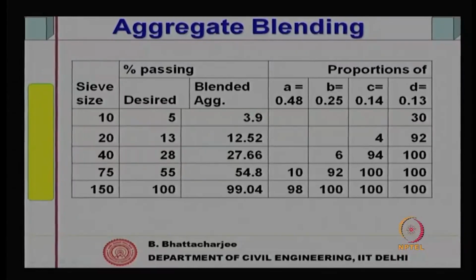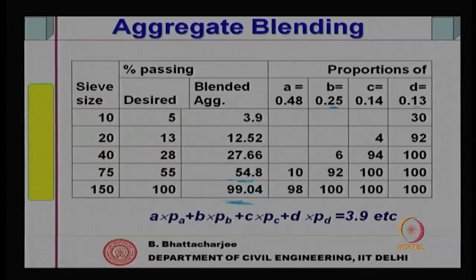So, this is how finally therefore, I get this by solving this equation, I get 150 each one of them. This is the proportions of each one of them will be this, and blended aggregate quantity I can calculate out, because I know 150, this is my desirable, 98 into 0.48, 100 into 0.25, 100 into 0.14 and 100 into 0.13 gives me 99.04, 10 into 0.48, 92 into 0.25 and 100 into 0.14 and 100 into 0.13 will give you 54.8 and so on, and if you calculate out all of them, you get the blended aggregate.